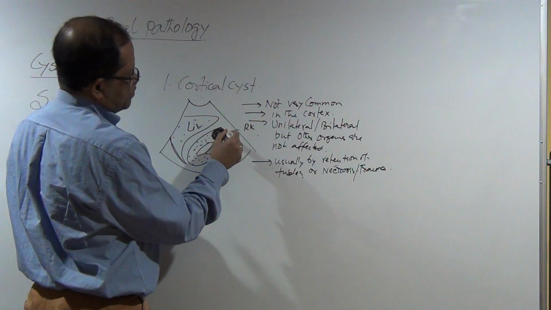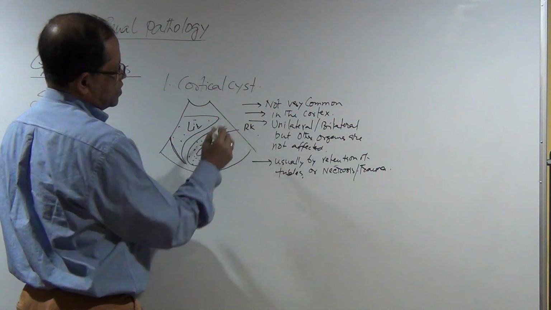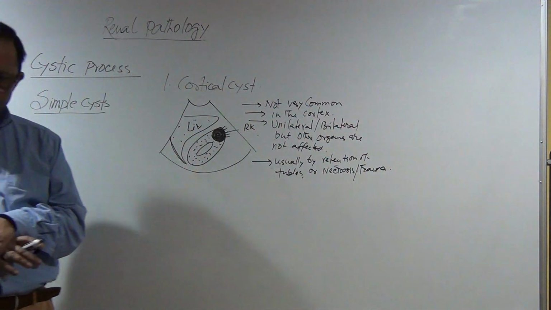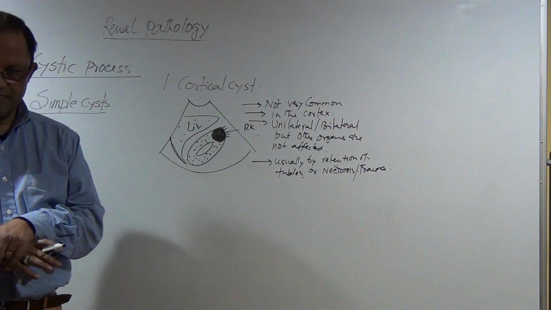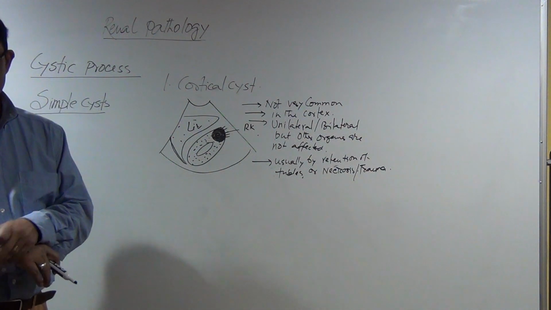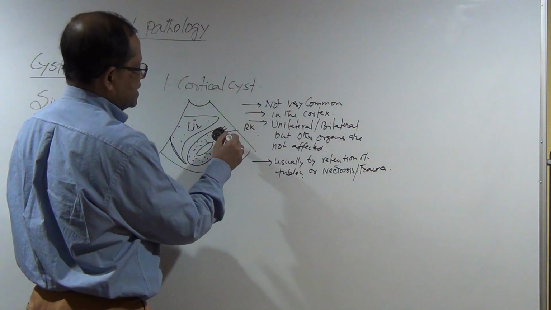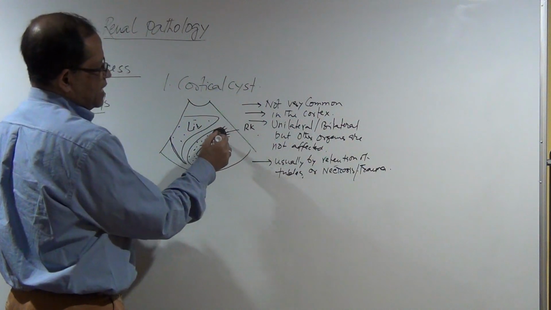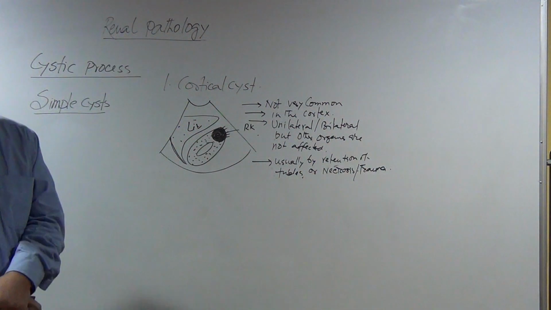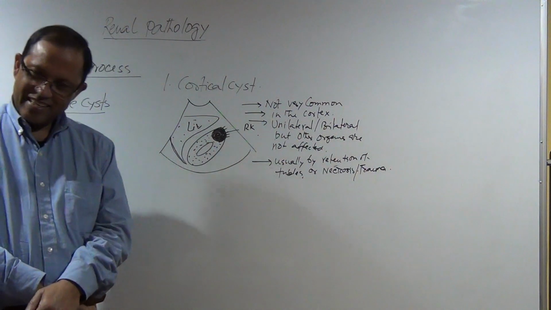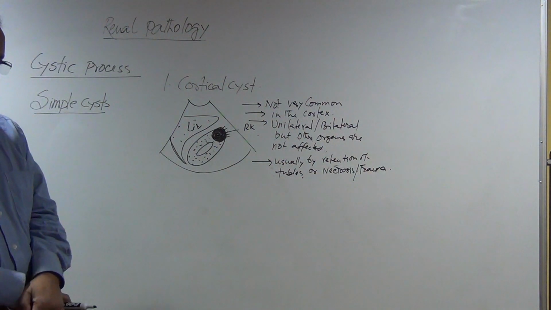So sometimes it can pop. What's going to happen if it pops? The fluid will come out. Then again it will be sealed. Then again there will be collection, just like an ovarian cyst. Some ovarian cysts pop and then regrow.